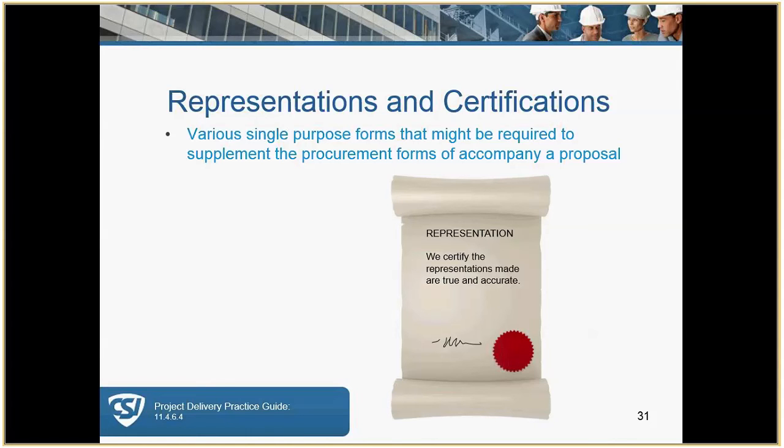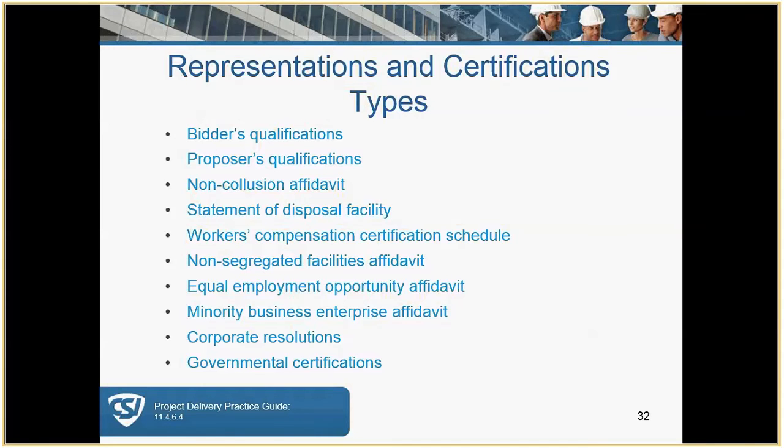Those are two things that you want to make sure the owner realizes if they've accepted the low bidder, who they're negotiating with, or who they're accepting the bid from if it's a public entity, to sign the contract and perform the work. These are some of the various certifications that may be required to be provided by the bidders.